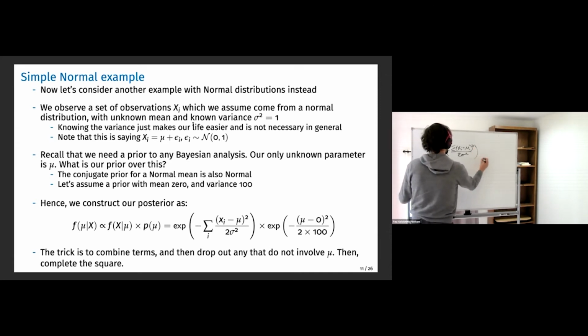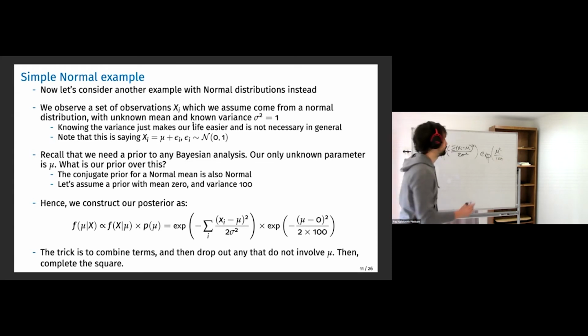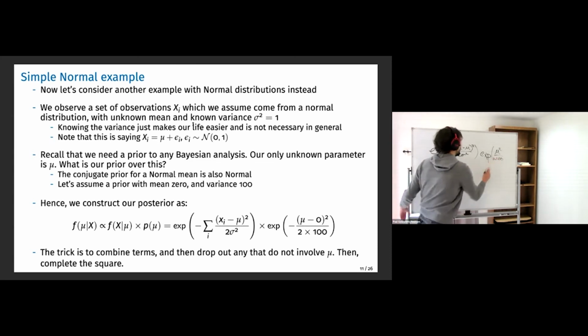And then we had times, same thing. And remember, this was basically just mu squared over 2 times 100. That part's not going to really matter because it's going to come out.